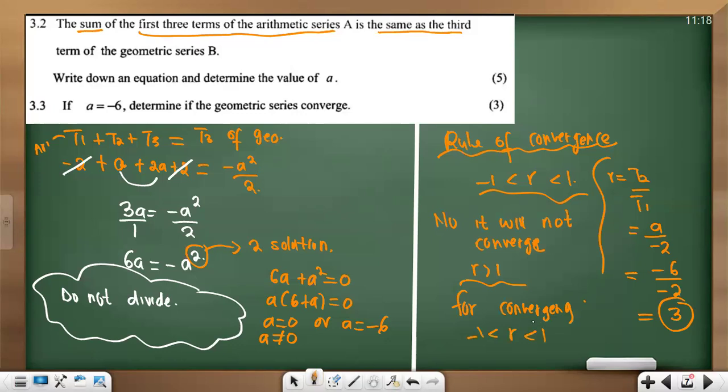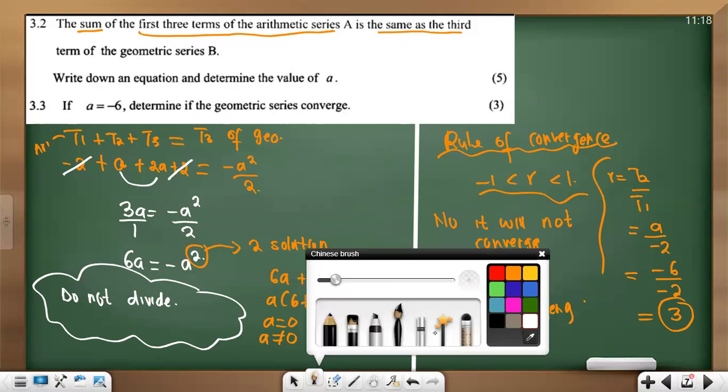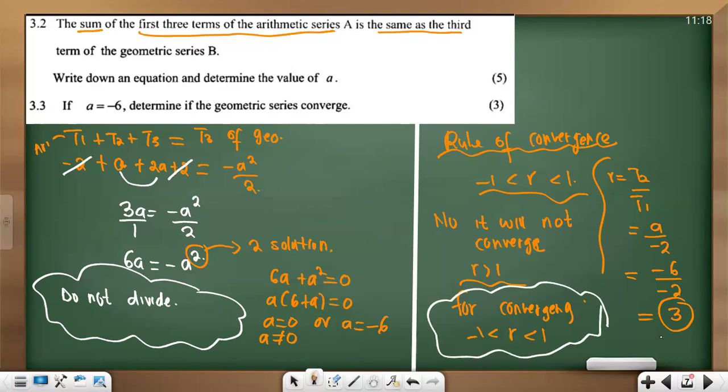So if it's above this, it will not converge. I hope the explanation is making good sense. All right, let's see if we still have other questions.